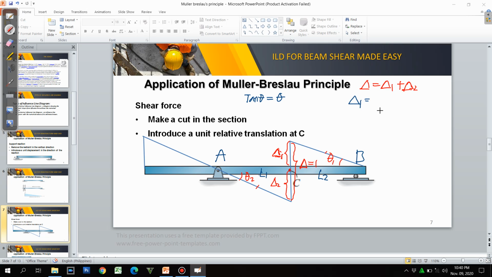To avoid confusion, perhaps we can interchange the notation here. So L1 will be on the side of 1 here, and L2 will be on the side of the 2 here, or theta 2, delta 2, and L2. So delta 1 will be equal to L1 times theta 1.